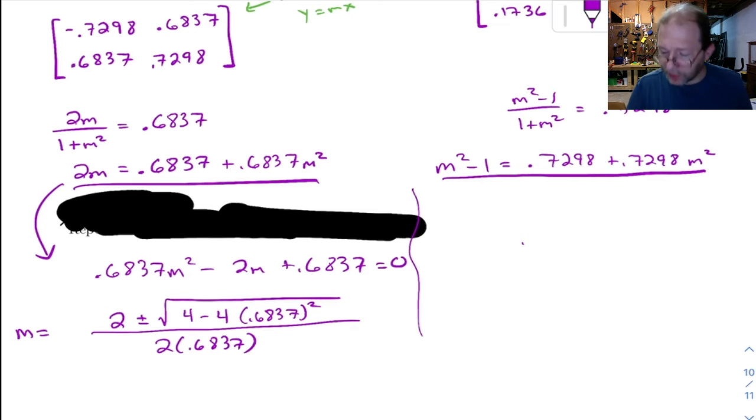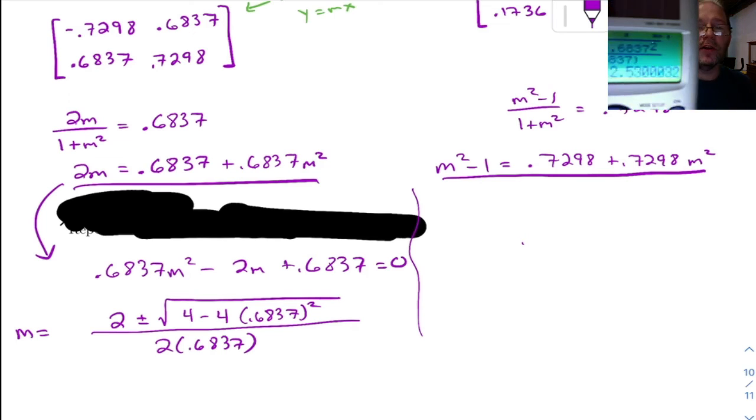Okay, so I've got to solve this. I don't have the calculator I would prefer to use for this, so I'm just going to type it all in here. 2 plus square root of 4 minus 4 times 0.6837 squared, all over 2 times 0.6837.